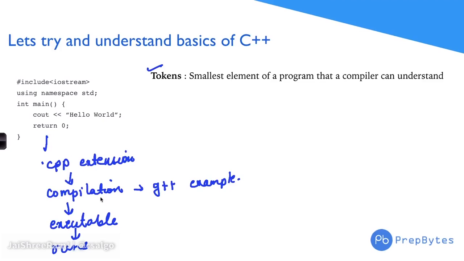Okay, so the compilation happens either through an IDE, and you can have any IDE. And if you're not using an IDE, let's say you're trying to run it through the command line, or in case of Mac, through the terminal. In that case, you will have to run g++ example.cpp.